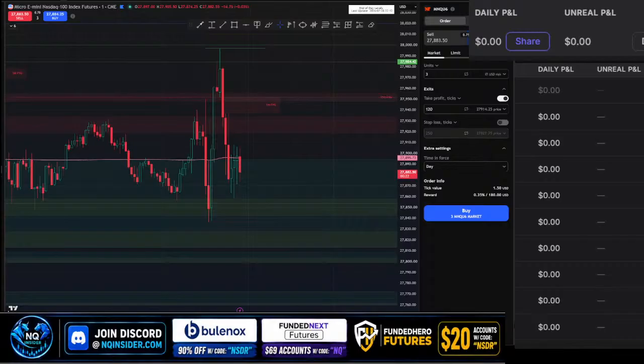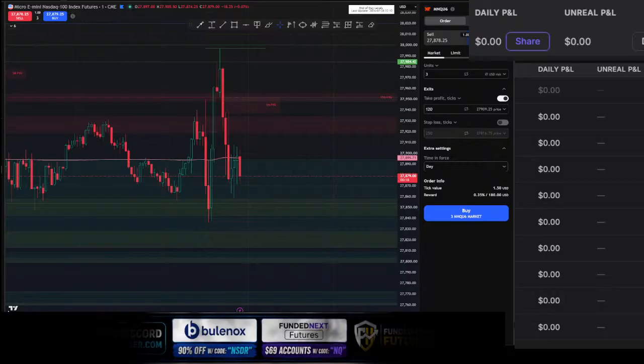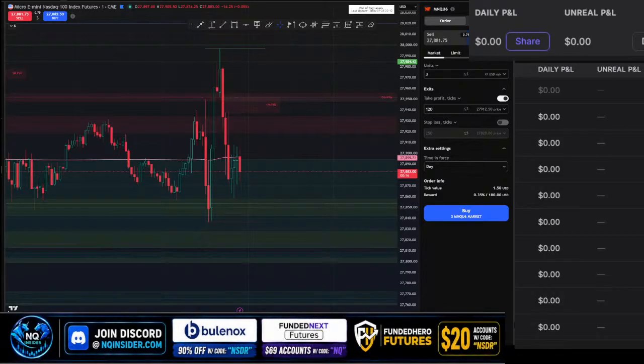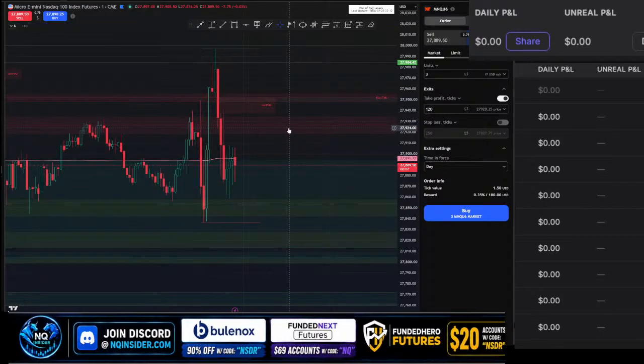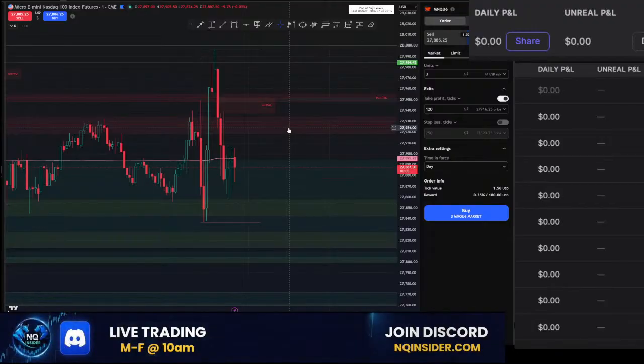I think the market needs to stabilize. That's what I think in my brain. That's why we're seeing the candles like this.